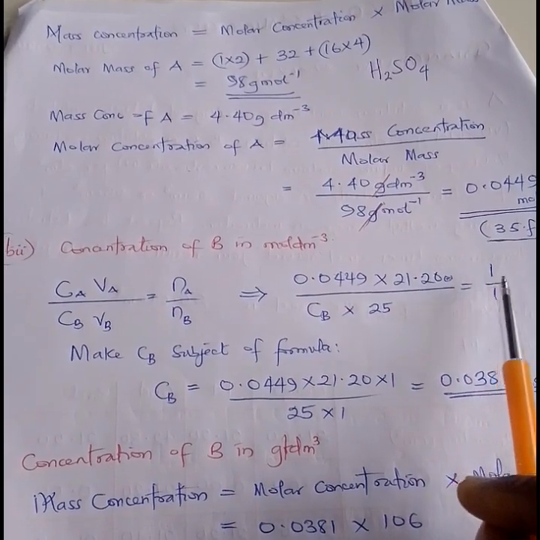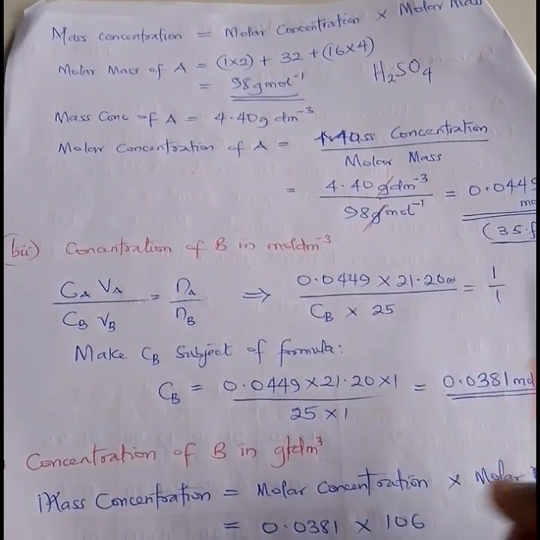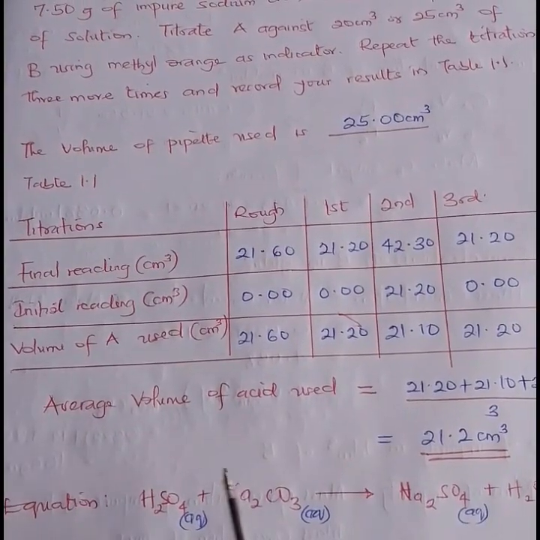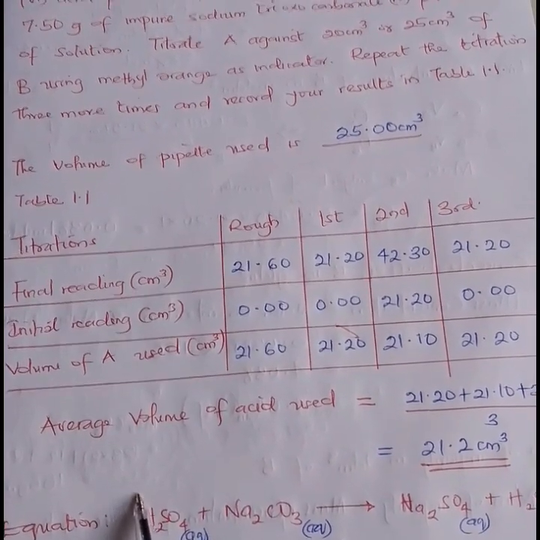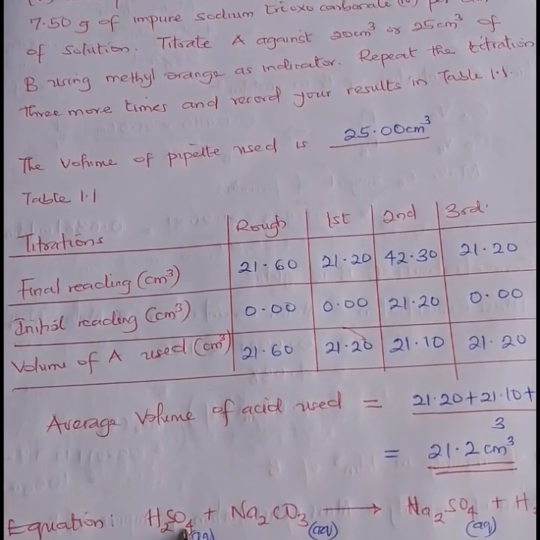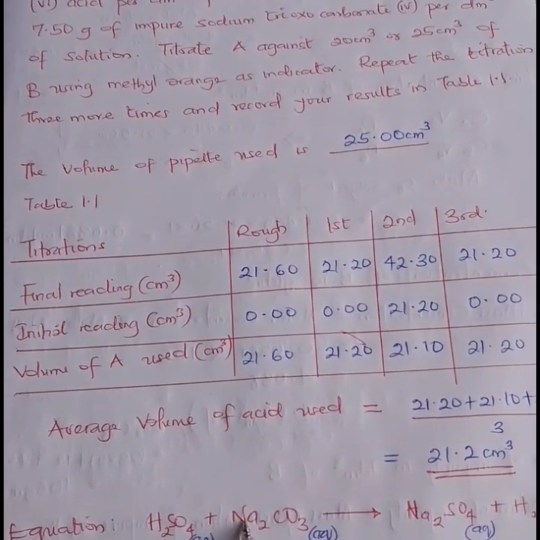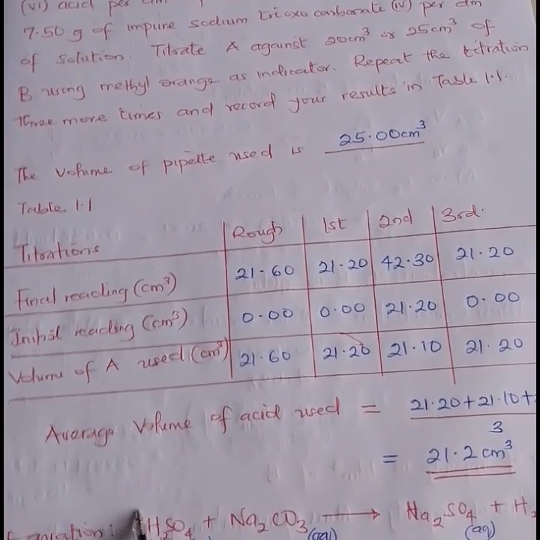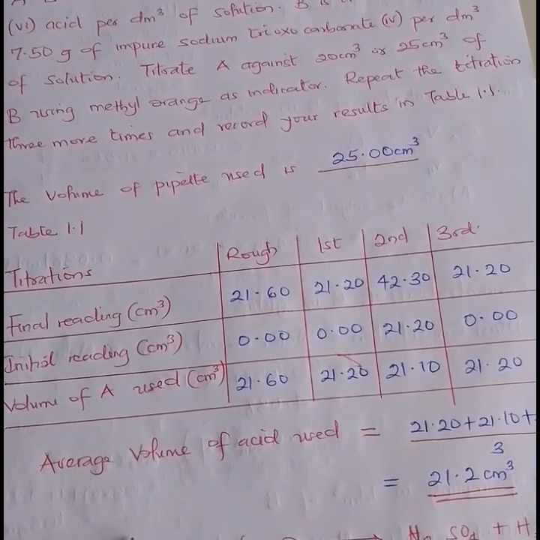Now 1:1 is gotten from the reaction equation. So the reaction equation here, we have 1 mole of H2SO4 plus 1 mole of Na2CO3. So that's where we got 1:1 from.